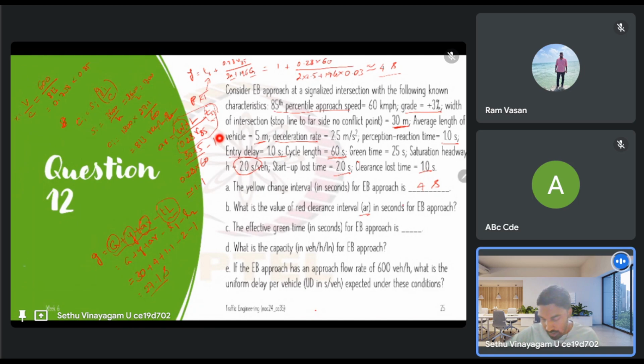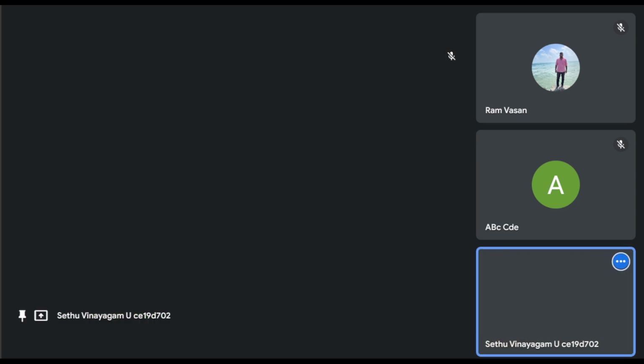The uniform delay model says it is 0.5 times the cycle length multiplied by 1 minus the effective green ratio, this whole thing squared, divided by 1 minus g by c multiplied with x. This x is the v by c ratio as we saw. We have all the terms we need.